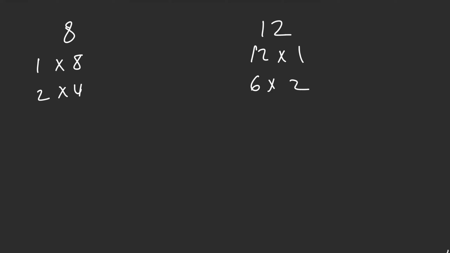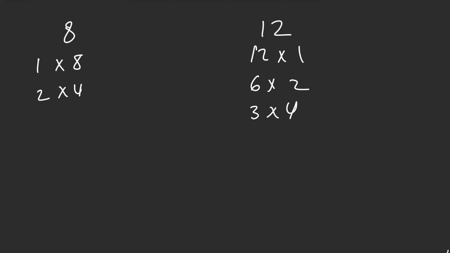And also, sometimes I give you, for example, 8 and 12, and I tell you what are the factors of 8. We have 1 times 8. We have 2 times 4. And what are the factors of 12? We have 12 times 1 and 6 times 2 and 3 times 4.